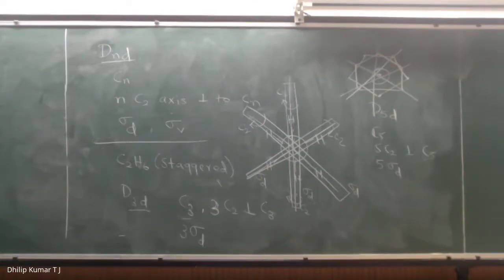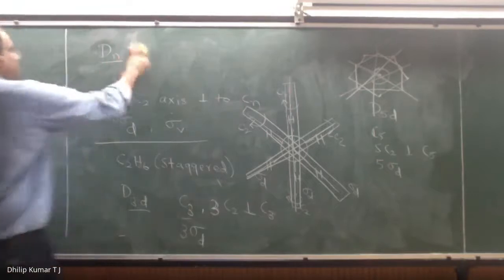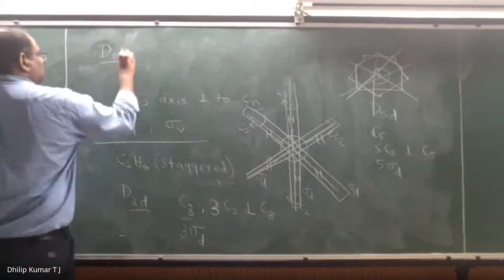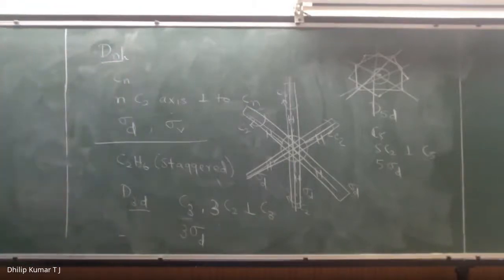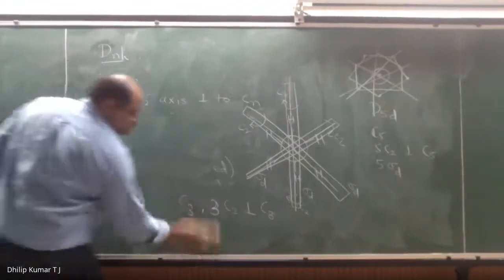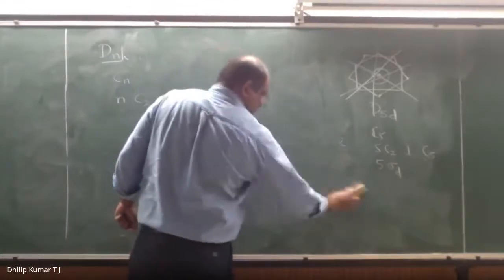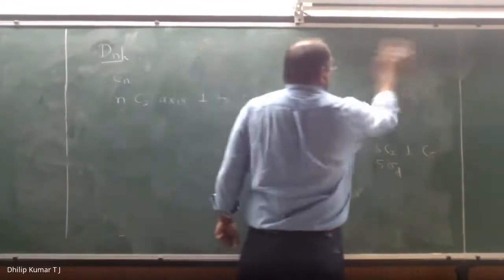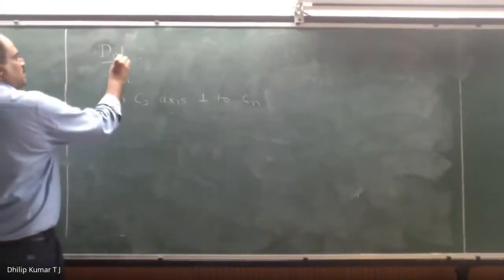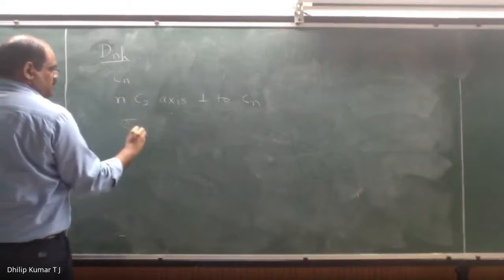And there is another type of point group. It is called Dnh. So a molecule can have, in addition to other symmetries, sigma h. Then it is called Dnh. So this point group is called Dnh because it will have sigma h.